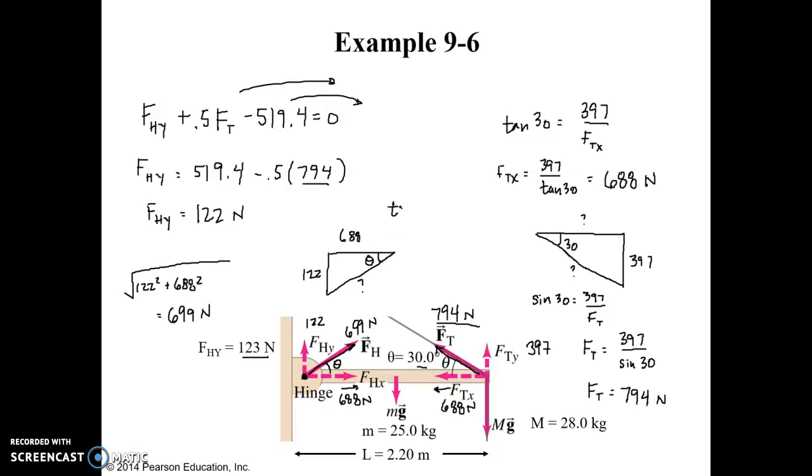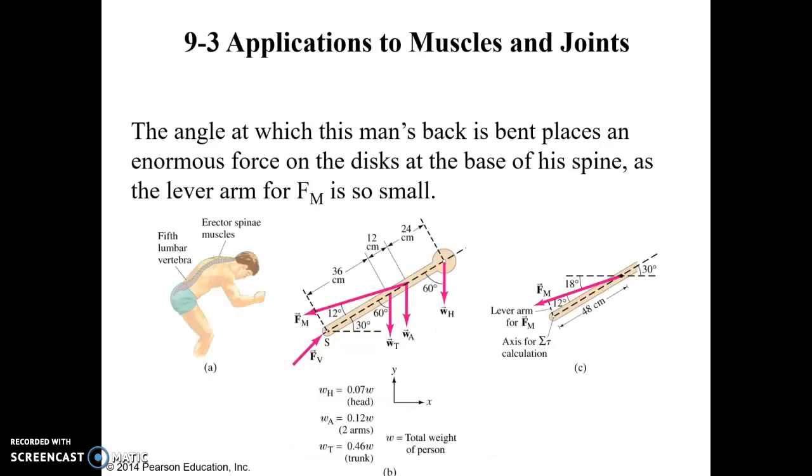So theta is going to equal the inverse tangent of the opposite, 122, over the adjacent, 688. And so this theta over here on the left side by the hinge is equal to 10.1 degrees.